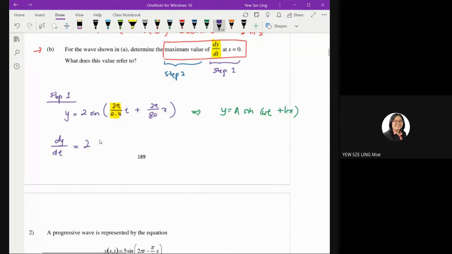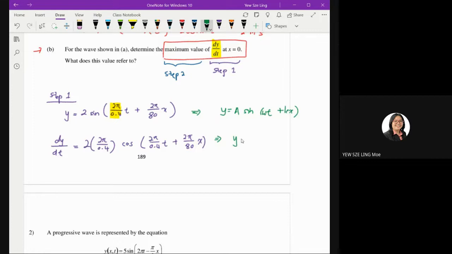So 2 pi times 2 pi over 0.4. Sine becomes cos after you differentiate it: cos (2 pi over 0.4 t plus 2 pi over 80 x).